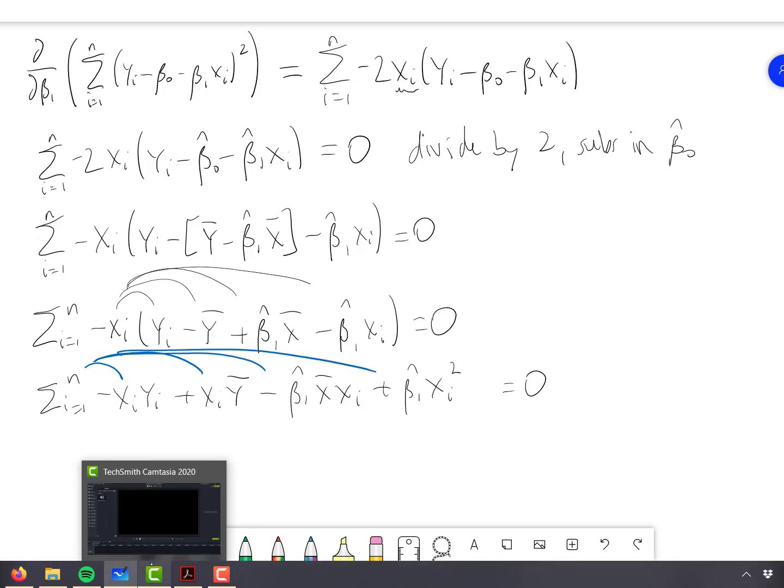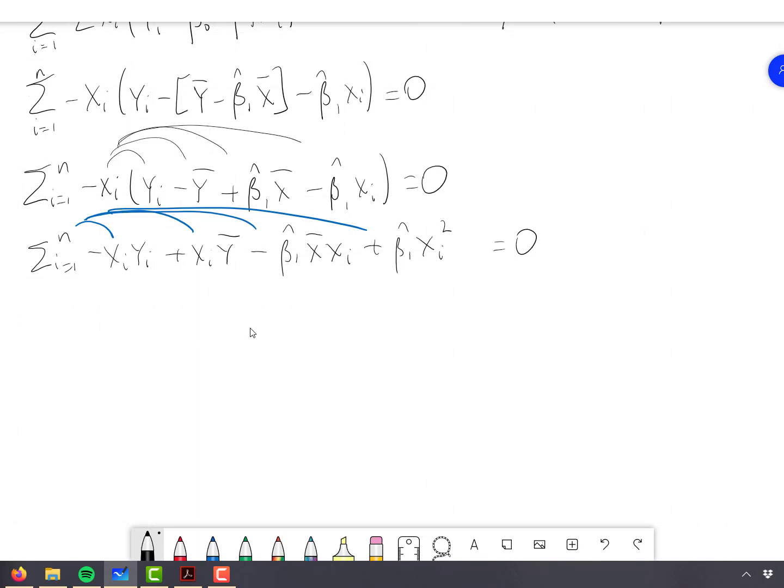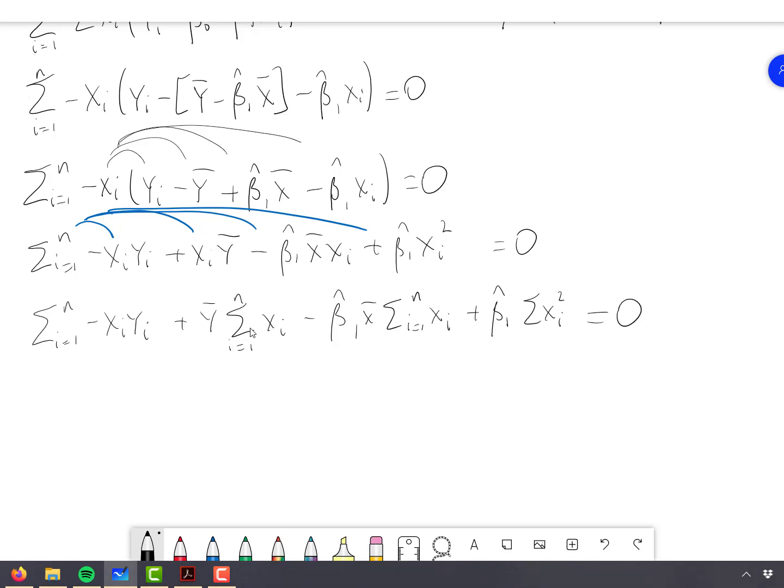So at this point, if we get that out of the way and scroll down a little bit, we have the summation i equals 1 to n of negative xi yi plus y bar times the summation of i equals 1 to n of xi, again combining some of those steps to factor out y bar since it's a constant in this case, minus beta hat 1 x bar times the sum of i equals 1 to n of xi, plus beta 1 hat times the sum of our xi squared, all equal to 0.